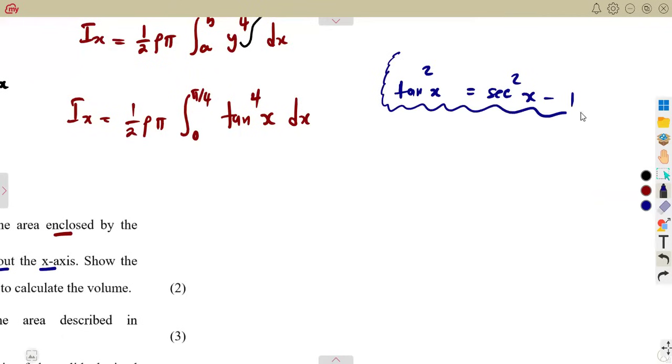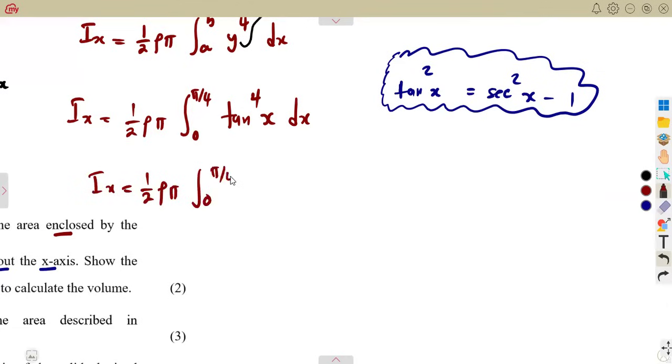So from this identity, how can we express our tan? So the tan to the 4 means there's a product there. So Ix is going to be half of this, that is the integral of the product of tan squared x and another tan squared x.